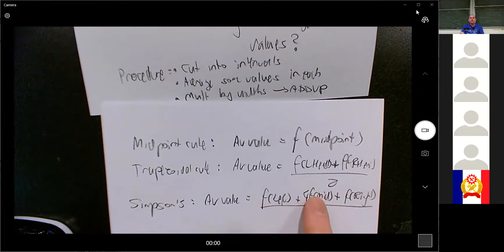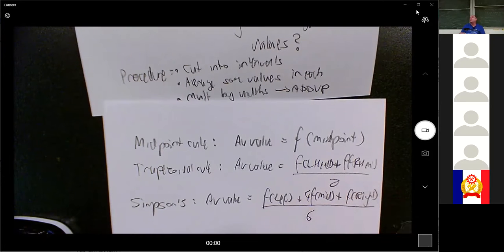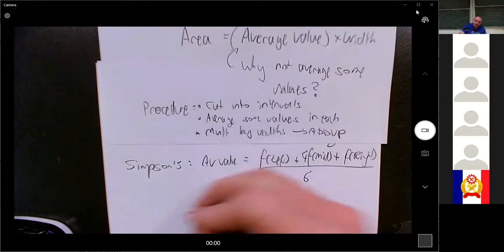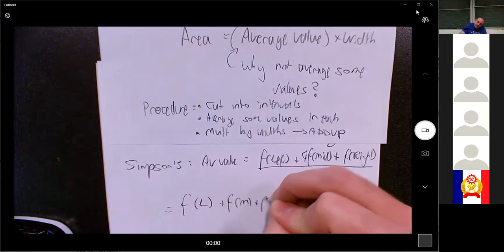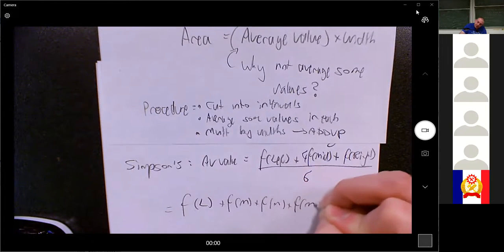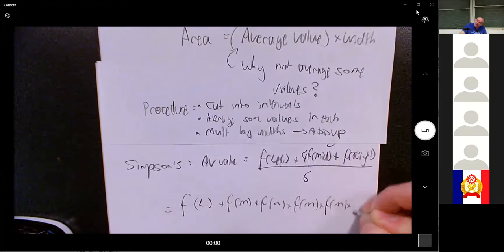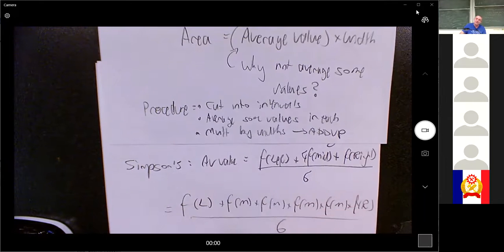This one and 4 of those ones and 1 of those ones is 6 numbers total, so we'll divide by 6. Okay, that's an average. So we've just put the one in the middle in 4 times. So just to be absolutely clear, f of left plus f of the middle plus f of the middle plus f of the middle plus f of the middle plus f of the right divided by 6 because there's 6 numbers.